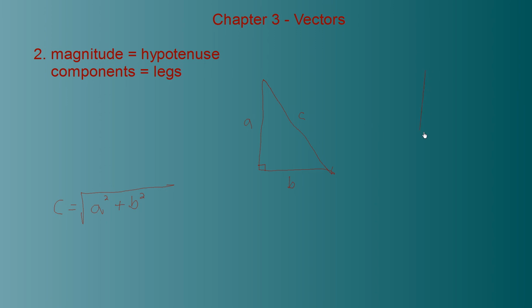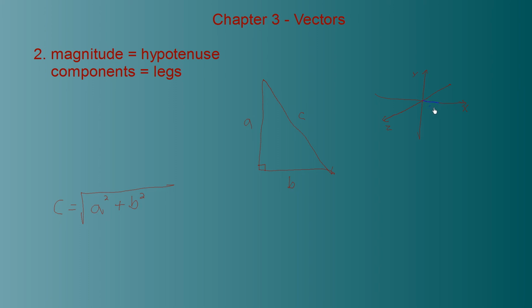If you have x, y, and z axis, so here's the positive x-axis, positive y-axis, and then if you can picture this kind of going into the page, so that's sort of 3D. The z-axis comes out of the page, and so let's say we have components that go like this way.